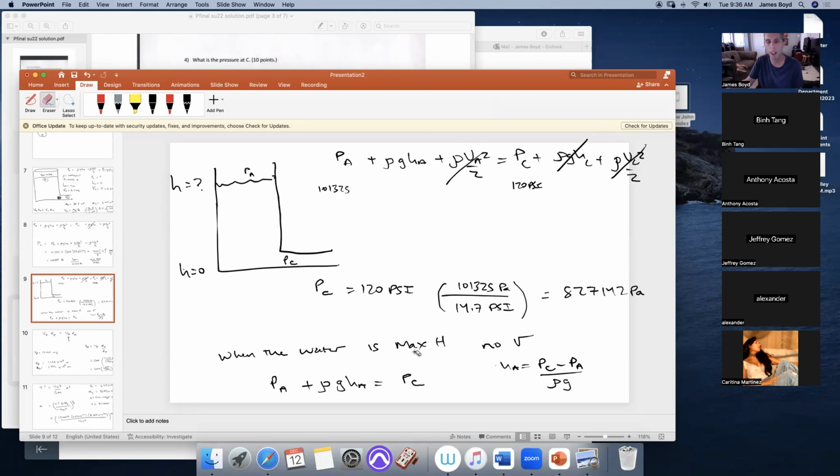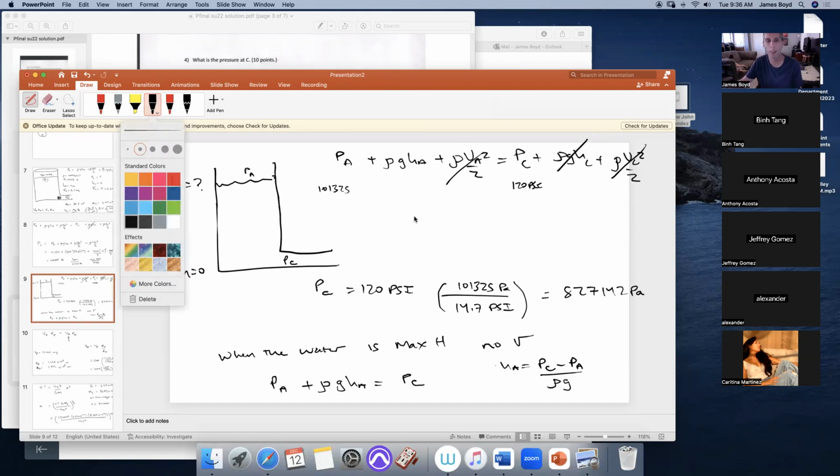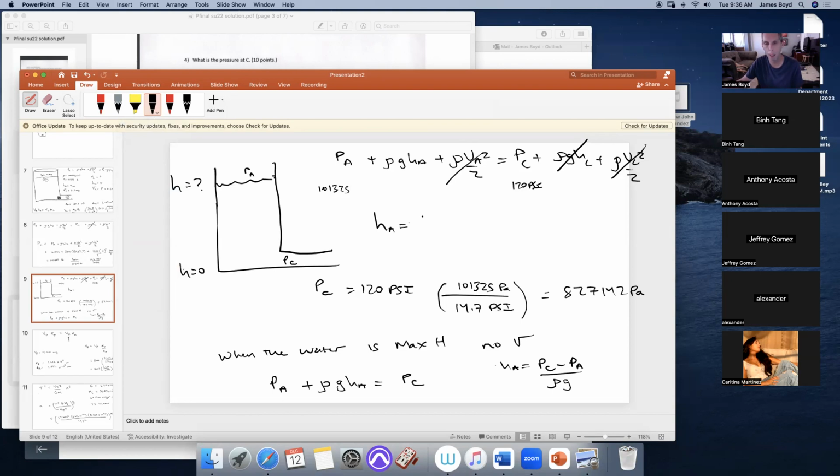So now what you see is, H at A is PC, which was 827.142 minus PA 101.325. The density of water is 1,000, and this is 9.8. So if I do that, I get a height of 74 meters.